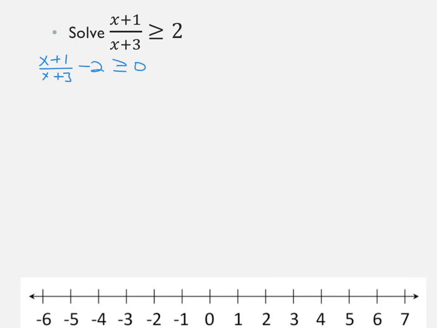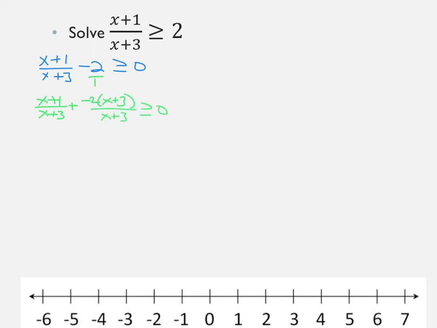Okay, now just like you did in Algebra 2, you have to get a common denominator. So our common denominator between x plus 3 and 1 is x plus 3. So we'll have x plus 1 over x plus 3 plus -2 times x plus 3 over x plus 3.